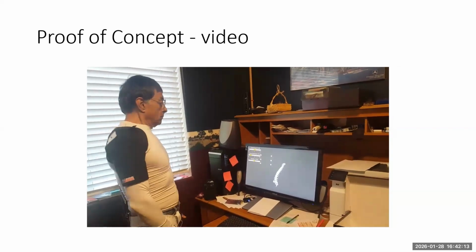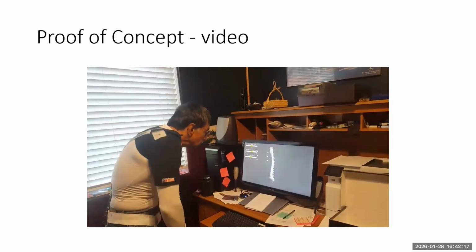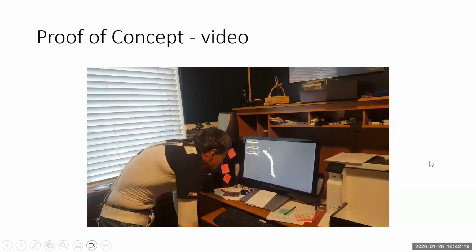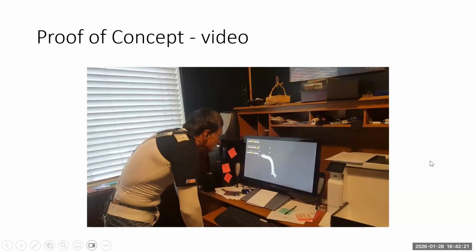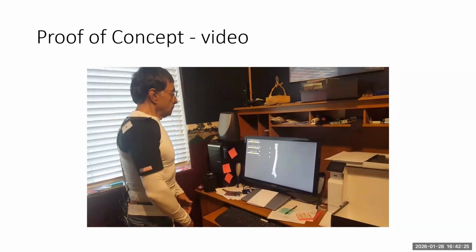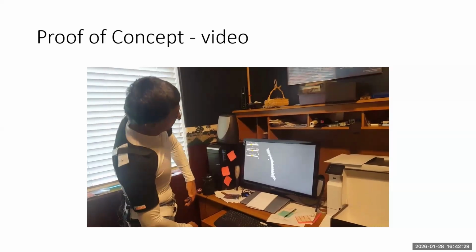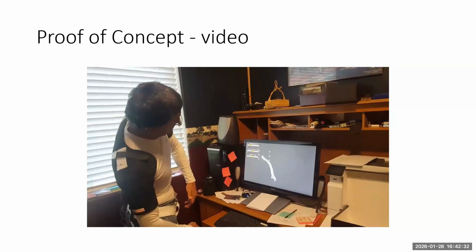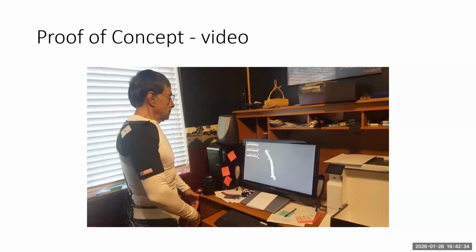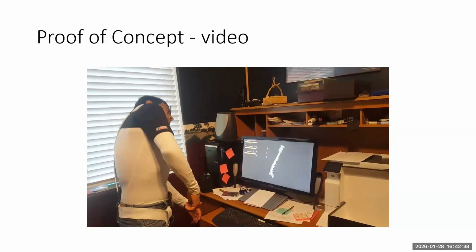So extension and flexion. The response of the animation is a little bit slow, but it's fairly accurate, within the limits that we described before. So now we have lateral bending. This is single axis, lateral bending to the left.